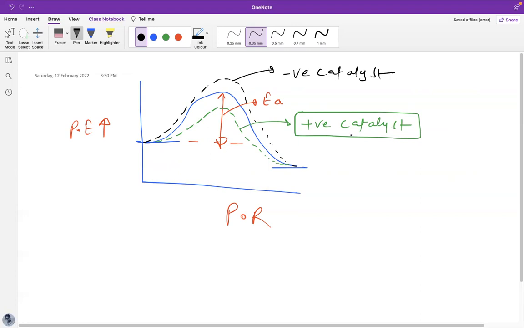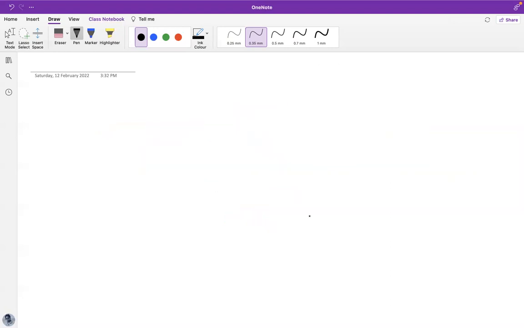Positive catalyst means fast reaction, and negative catalyst means slow. Any doubt, please tell me. This is a very important concept. Any doubt about this? Okay, suppose we have this graph.